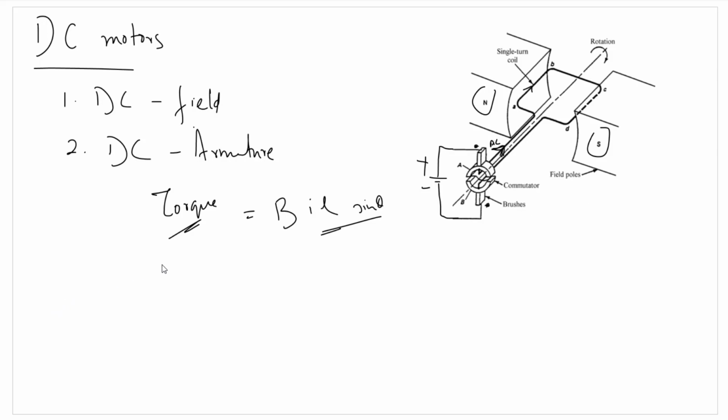Once this conductor starts rotating, we can see that this conductor is rotating now. The magnetic field is still present. So if we have a conductor rotating in a magnetic field, we can say that EMF will be induced in these conductors.